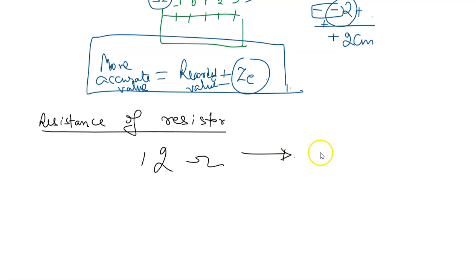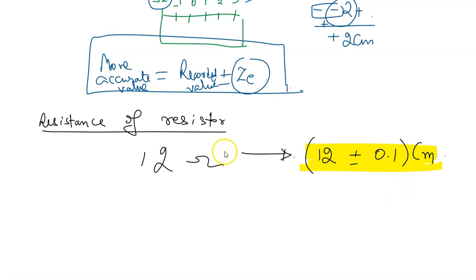So how should I present the result? 12 plus minus, I should include the error in the measurement. So that will be, let us say, 0.1 or 0.2 depending on calculation. So with respect to the question, we should be able to comprehend what value we are going to put in terms of the more accurate presentable result.